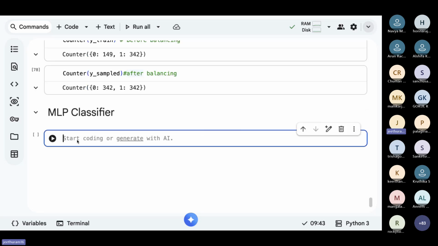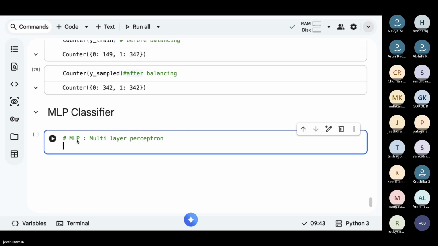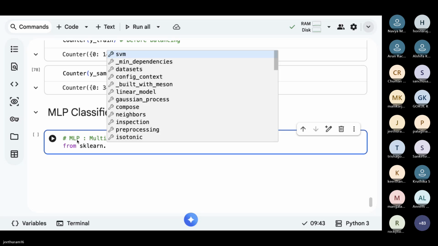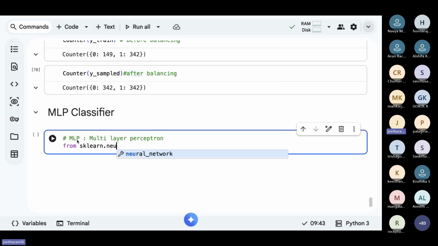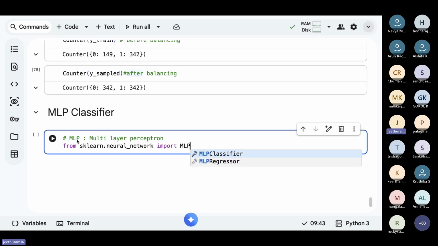So this MLP means multi-layer perceptron. When I say multi-layer perceptron, from sklearn.neural_network we have to import MLPClassifier.